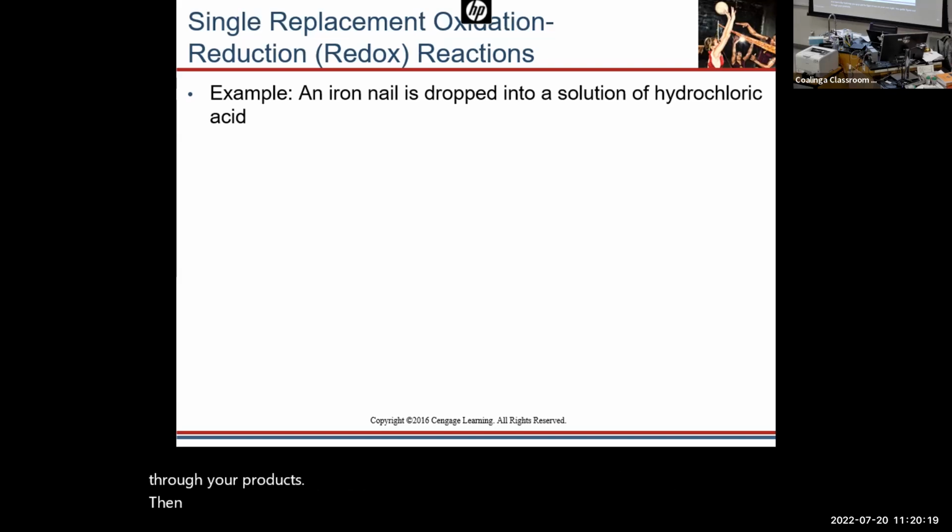Then I want you to tell me what oxidized and reduced. You have 30 minutes to do that.